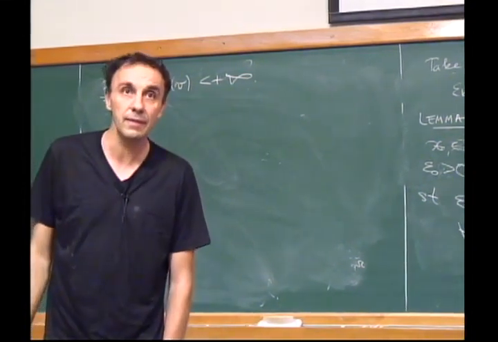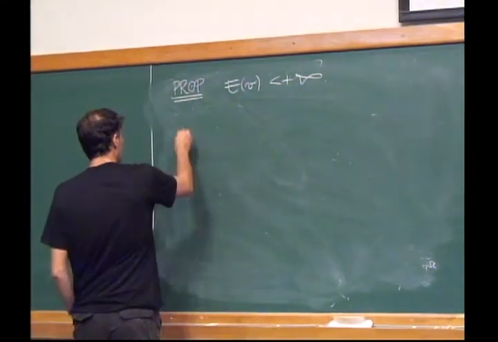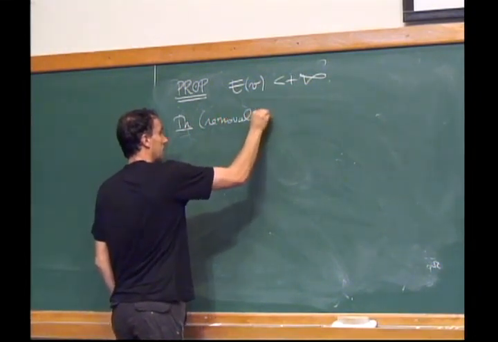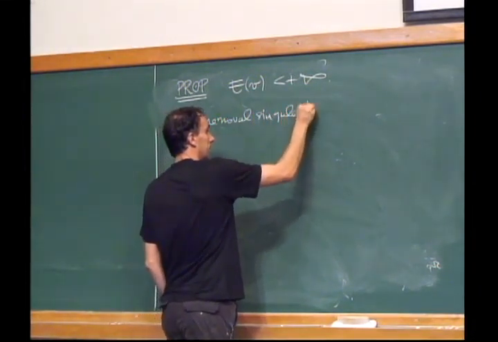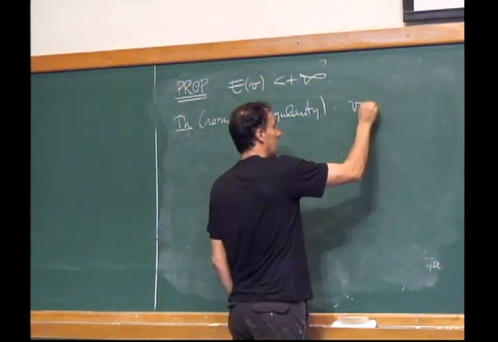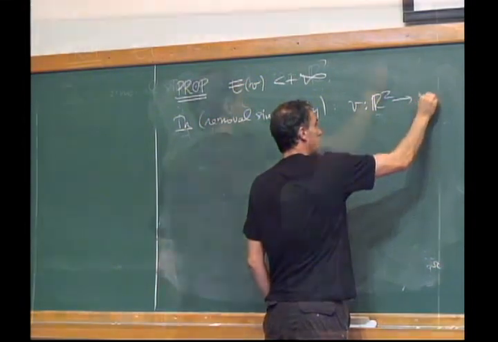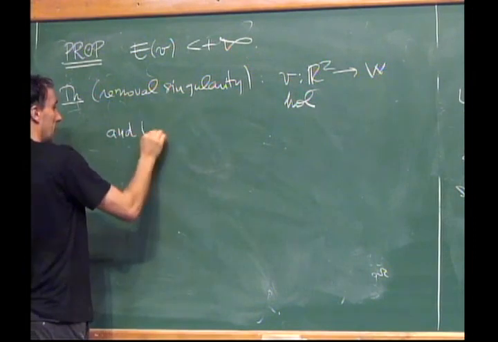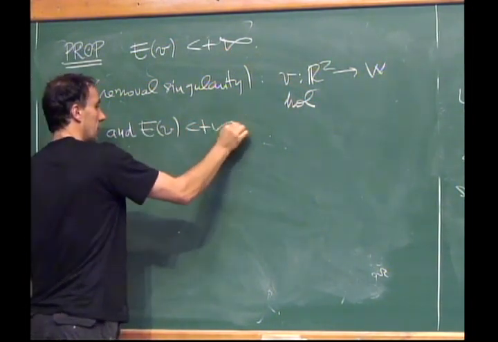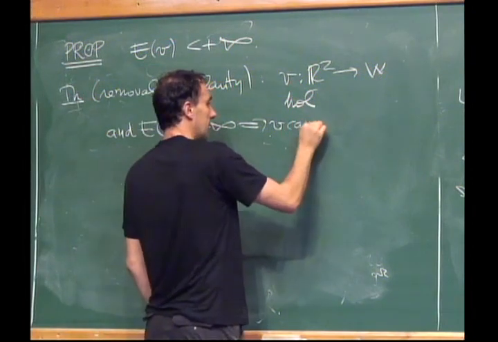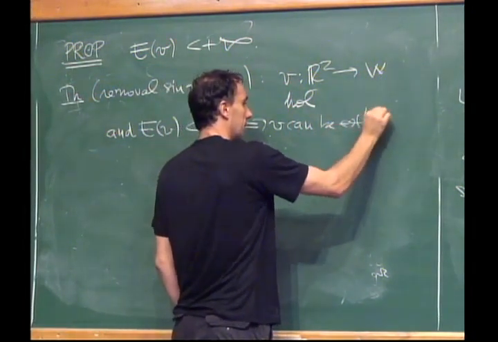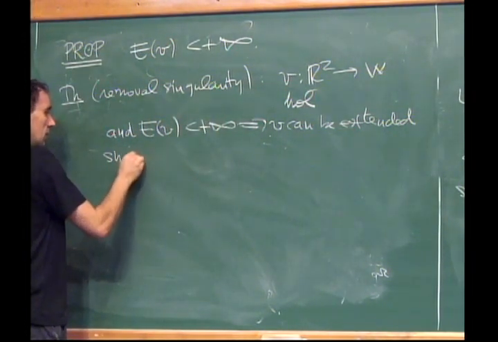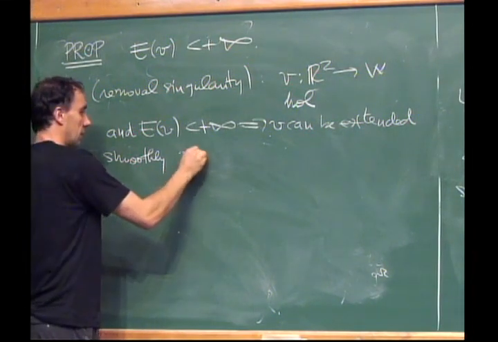And to end this argument, you need the theorem of removal of singularity. If V from R2 to W is holomorphic and of finite energy, then V can be extended holomorphically, but actually I only need smoothly, to the sphere.